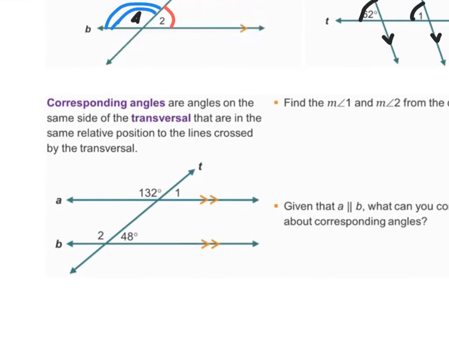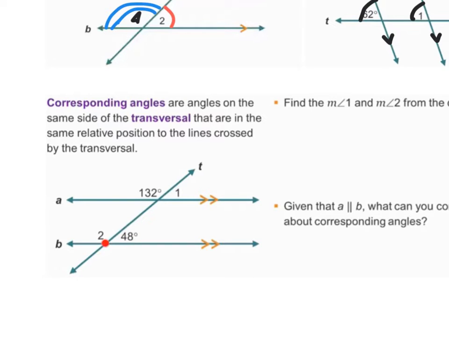So corresponding angles are in the same position at each intersection. In this example, angle 1 and 48 degrees are corresponding angles, and angle 2 and 132 degrees are corresponding. Angle 1 is in the top right, and 48 degrees is in the top right.